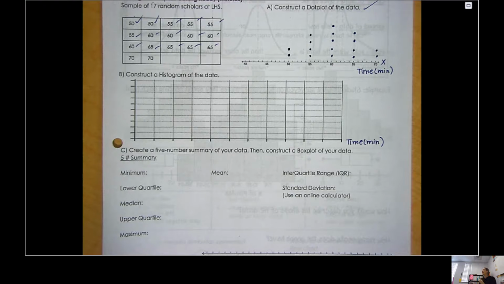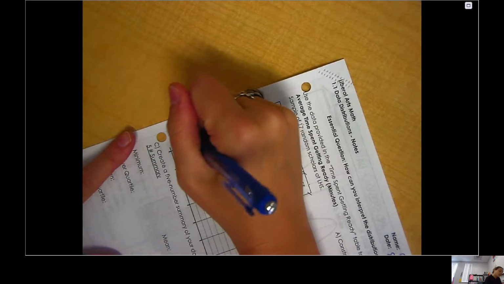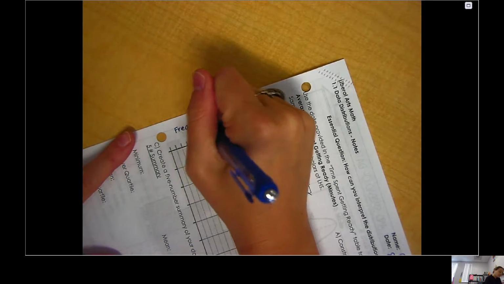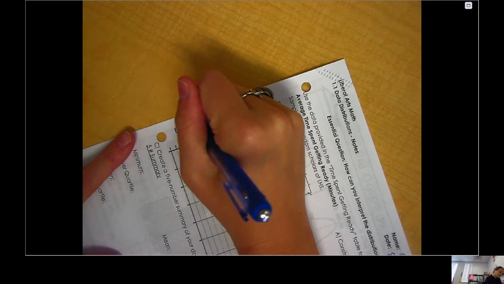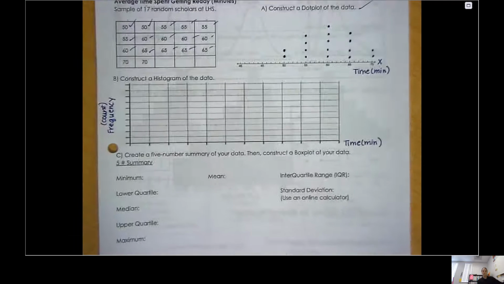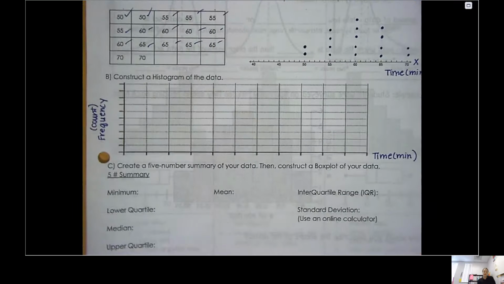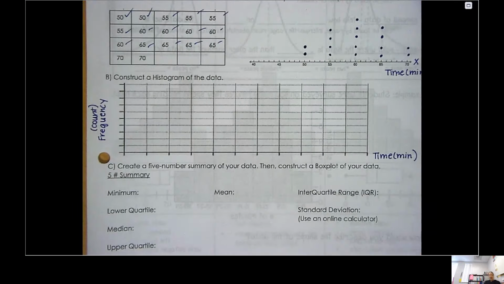It's how many you have of each one. So you can call it frequency or you can call it count. Now, I have to draw my data from the beginning to the very end.